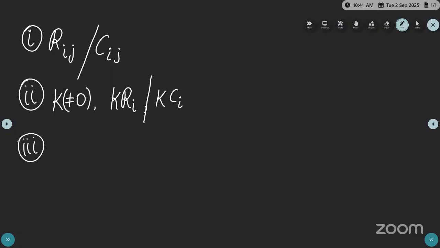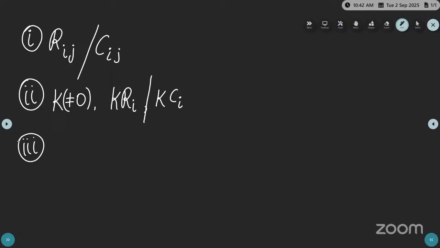Multiplication of any row or column by a non-zero scalar k and added to the corresponding elements of another row or column.